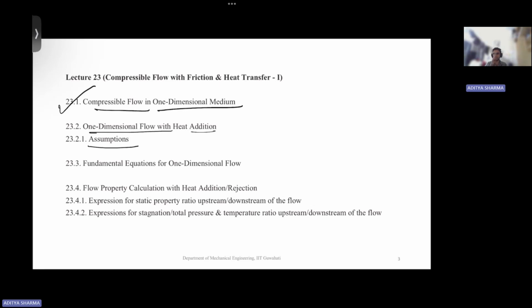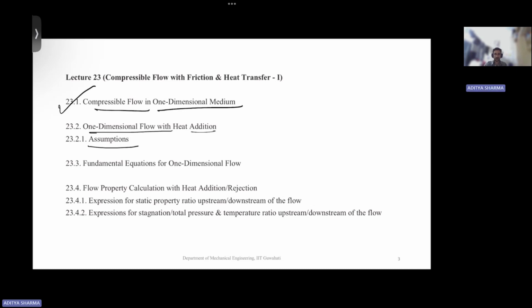As we know, across the shock, the static properties, pressure, temperature and density, increase. If you talk about Mach number or velocity, it decreases across the shock. Then there are total pressure losses, a loss in total pressure, but the total temperature remains the same. Also, there is an increase in entropy across the normal shock. All this has been taken care of in this topic.